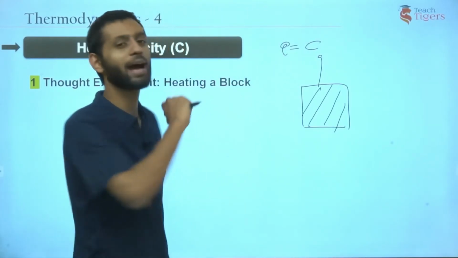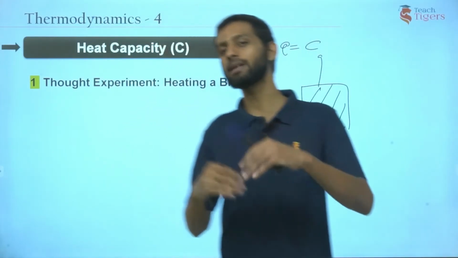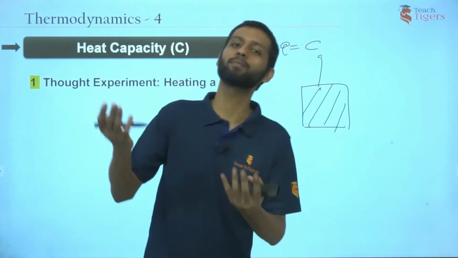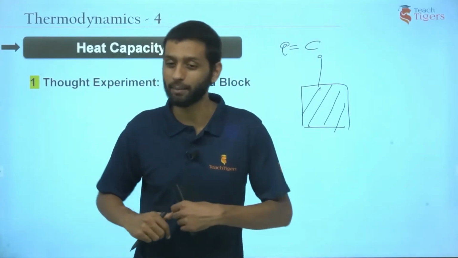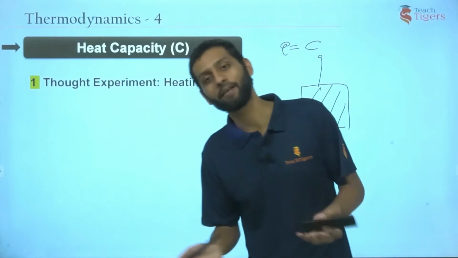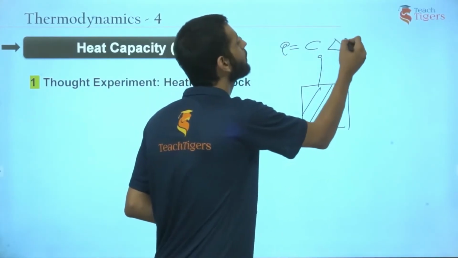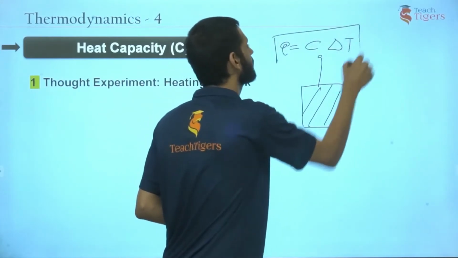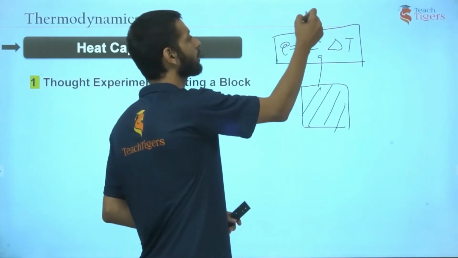So Q is actually directly proportional to change in temperature. If I want to raise the temperature by 10 Kelvin, I have to supply 10 times the heat capacity. If I have to raise the temperature by 100 Kelvin, I have to supply 100 times the heat capacity. So it is related to delta T: Q equals C delta T. The symbols I'm using here are important.